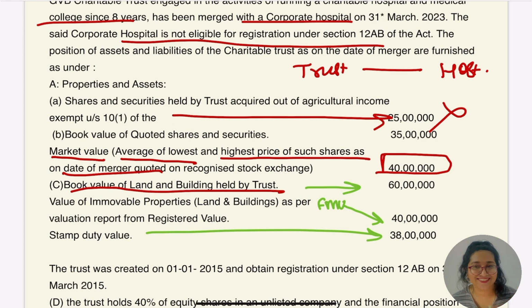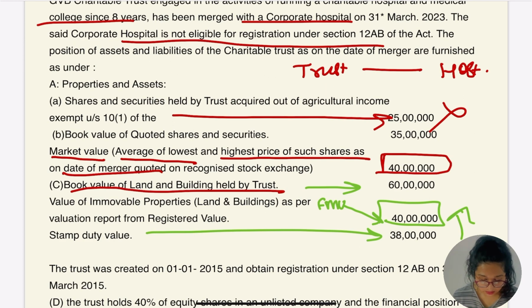If in case of land, which is immovable property, are we going to take the book value? No, we have no option. We are going for fair market value or SDV, whichever is higher. So we are going to take the 40 lakh here.